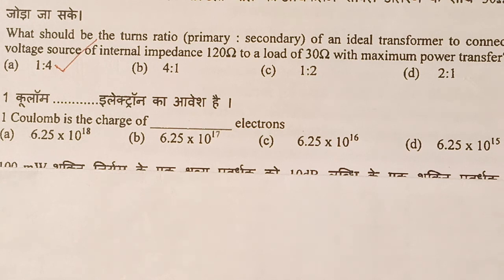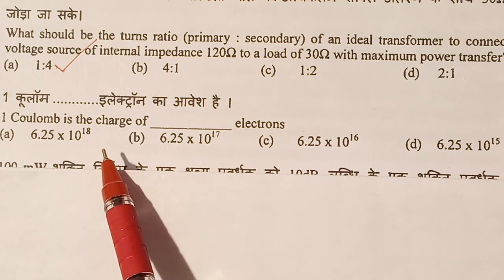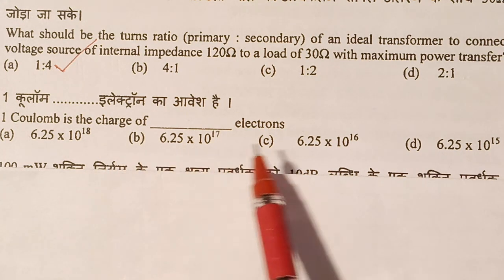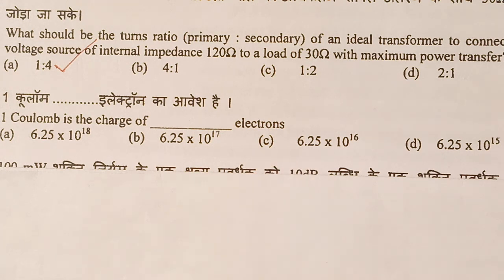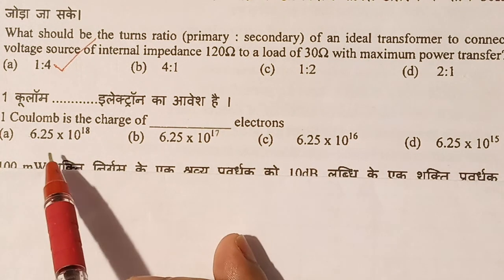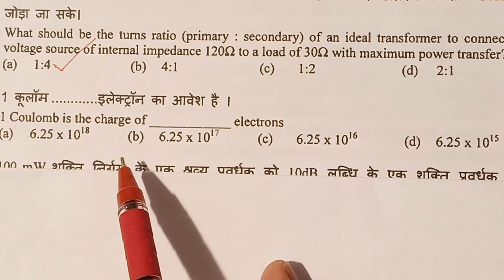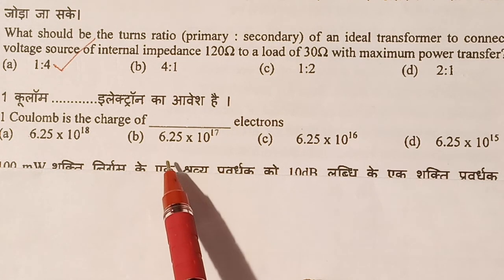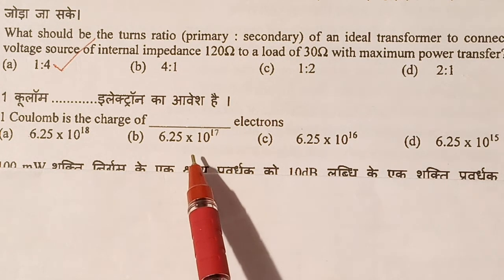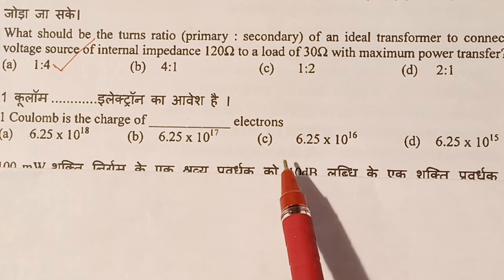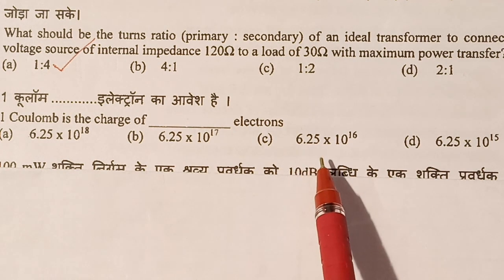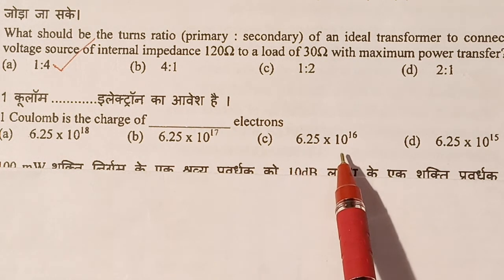Question number 43. One coulomb is the charge of dash electrons. That means how many electrons give 1 coulomb of charge? Option A, 6.25 times 10 to the power 18. Option B, 6.25 times 10 to the power 17. Option C, 6.25 times 10 to the power 16.